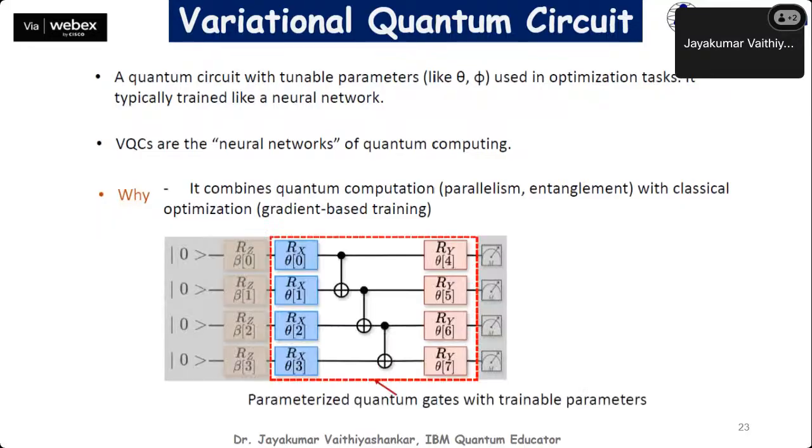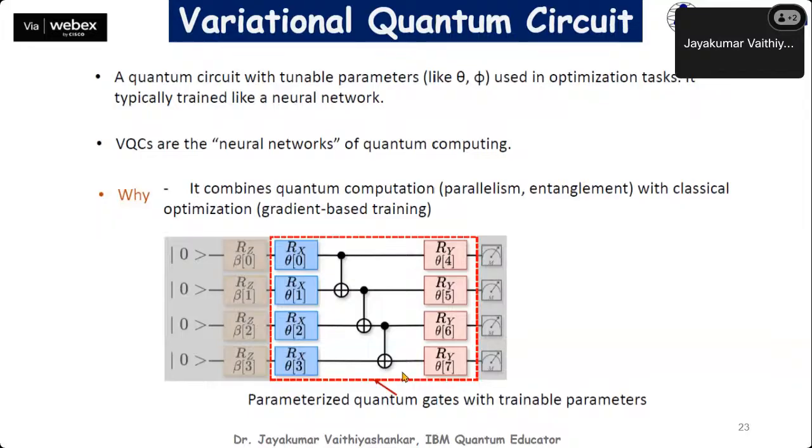So take an example of this circuit. Initially we are doing qubit initialization, state 0. Then we are implementing some rotational gates, and we are able to train our parameters by using them. Initially we use RZ, then RX, then we create a control NOT, then a series of RY gates.